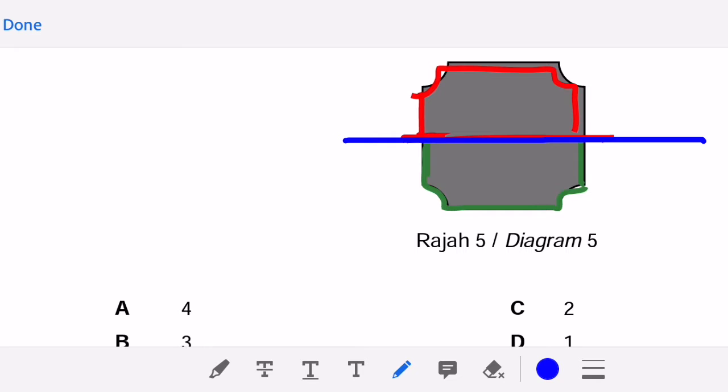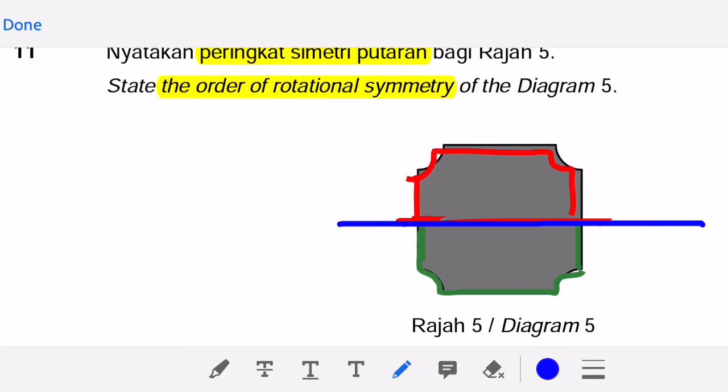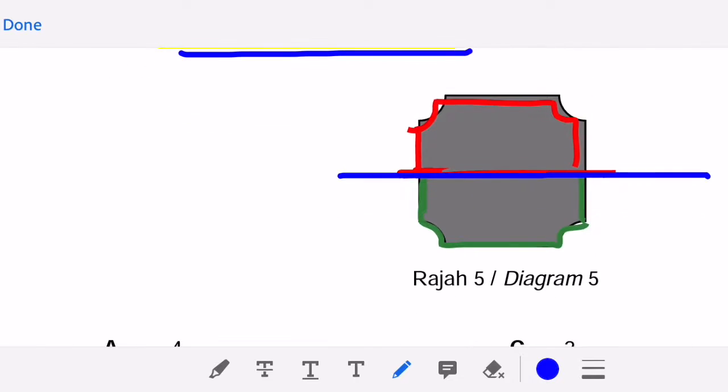So in fact, if you try to find the rotational symmetry or axis of symmetry, you can divide like this. This is number 2. This is number 1. Or you may divide like this from the middle here.